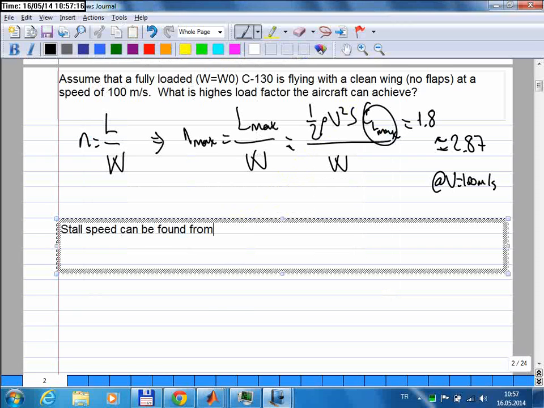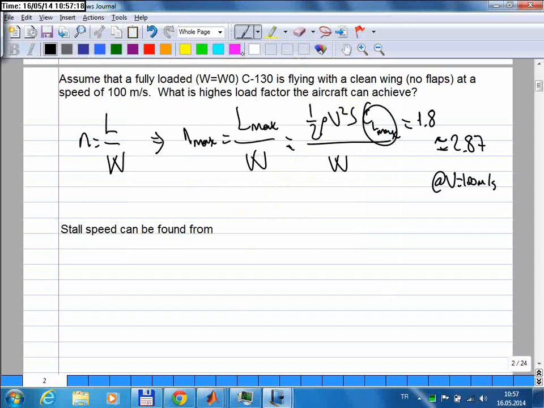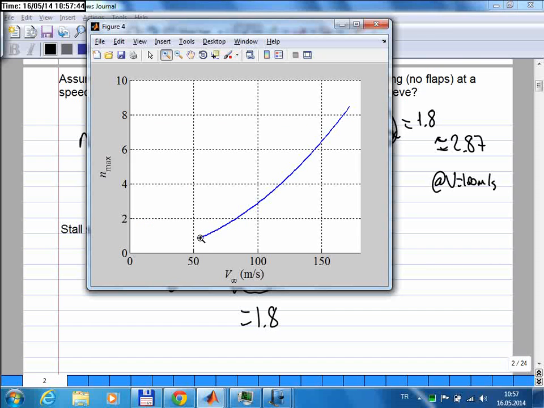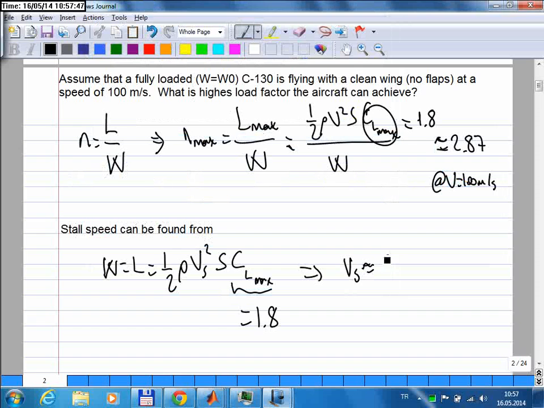So you can find the stall speed as follows. At stall, the weight should be balanced by the lift force, 1/2 rho V stall squared S times CL max. So this is the stall speed with the clean wing configuration. If you put 1.8 here, from here you find the stall speed as about 55.